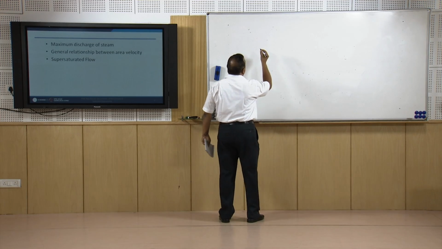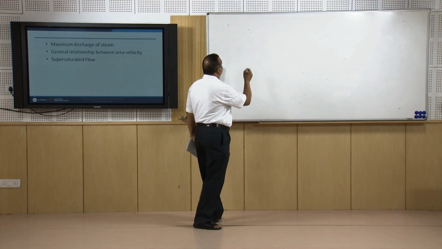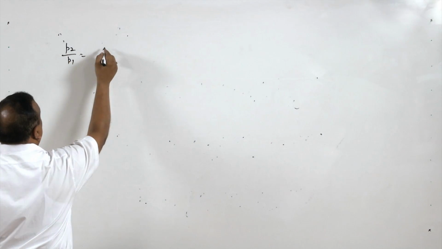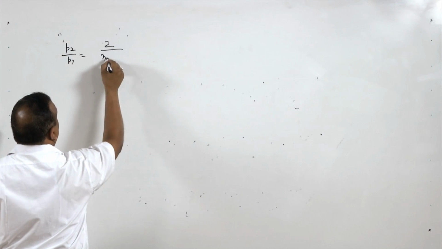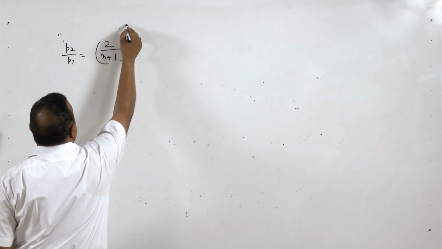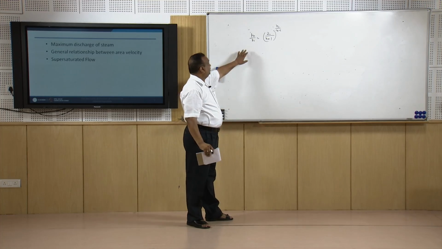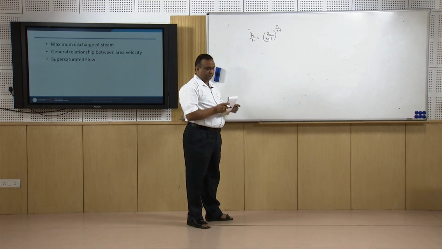Now, for the flow through a nozzle, we already know that the pressure ratio P2 by P1 is equal to (2 by n plus 1) raised to power n upon n minus 1. For this pressure ratio, the discharge is maximum.